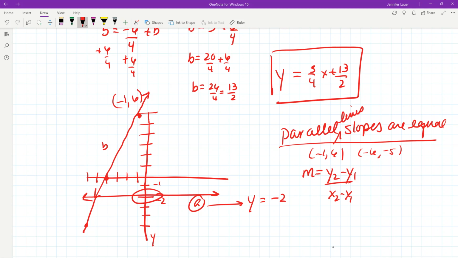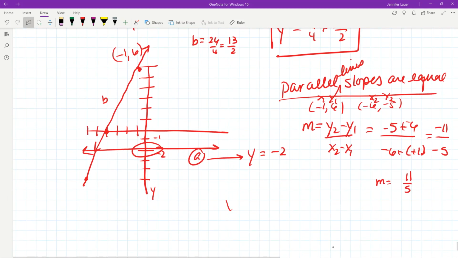All right, so what we're going to do here, again, x1, y1, x2, y2. So -5 minus 6 over -6 minus -1. It's plus negative. That's -11 over -5. So this is 11/5 is my slope.